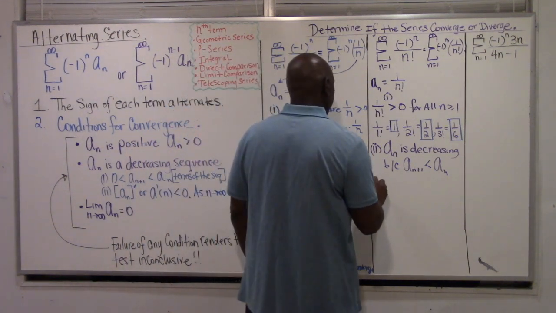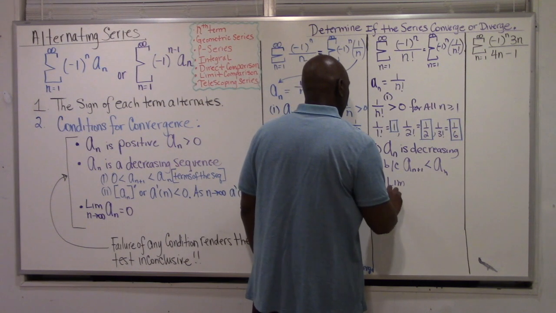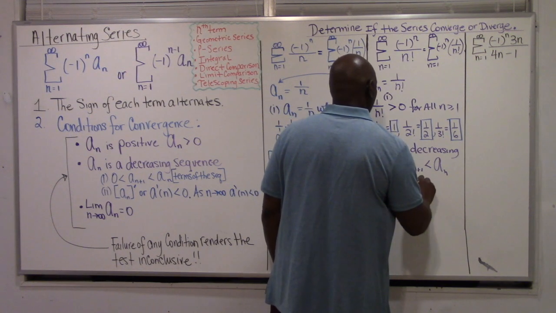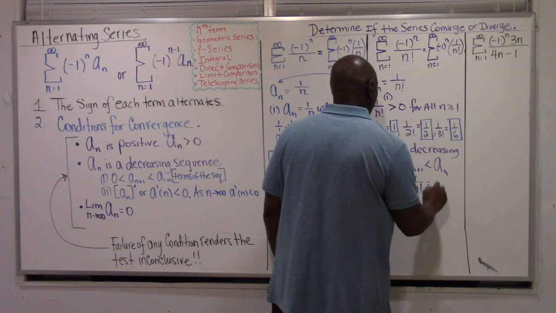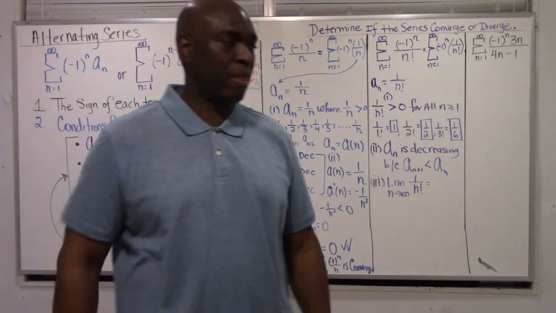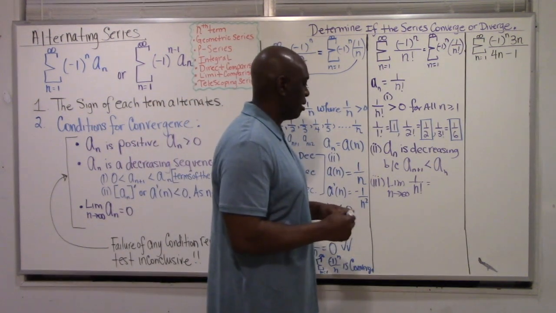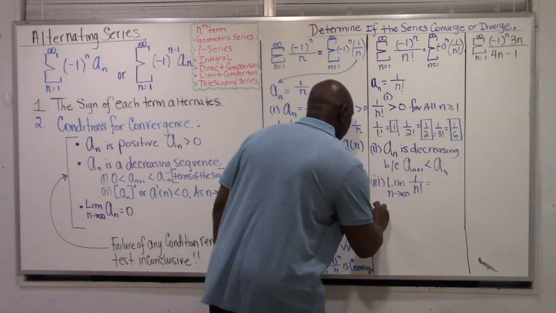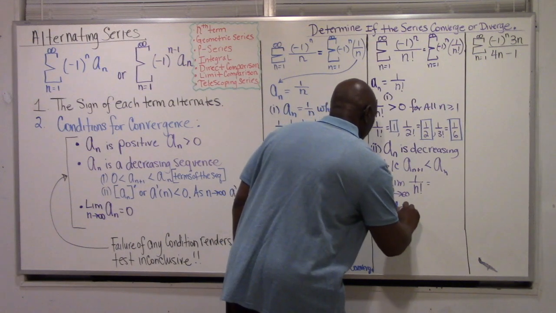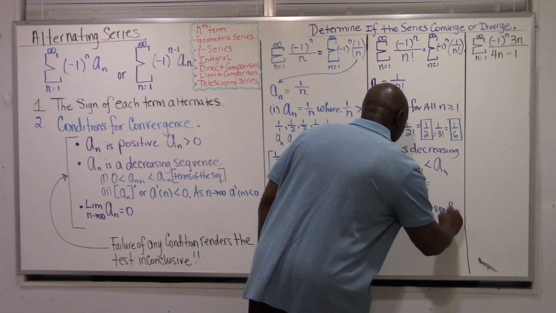Condition number 3. The limit as n goes to infinity of 1 over n factorial. What is that limit? Well, one thing we have to recall is what we call the growth comparison factor.